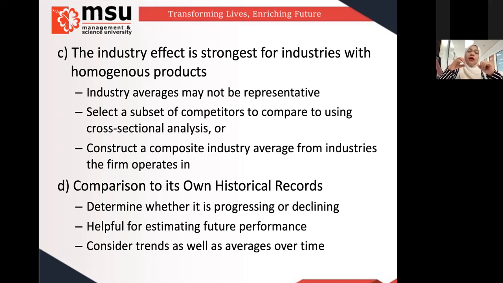So basically, how it affects the industry. How do we compare a company from one industry to another industry? For example, company A comes from the manufacturing industry, and we compare it to a second company which comes from the retail industry. So what are the differences?